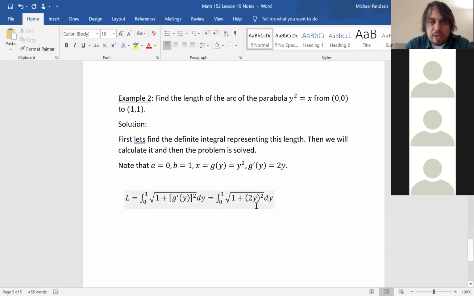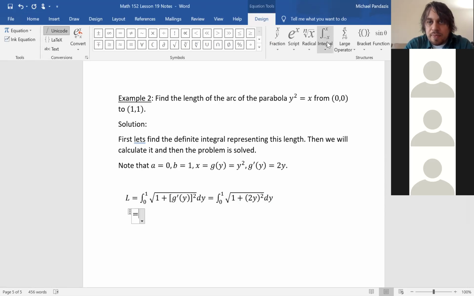Just substitute g prime of y for 2y. And then that's equal to the definite integral from 0 to 1 of the square root of 1 plus 4y squared dy. And so now we want to calculate this definite integral.